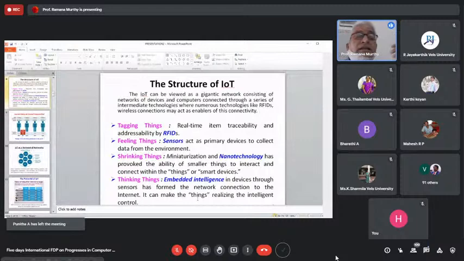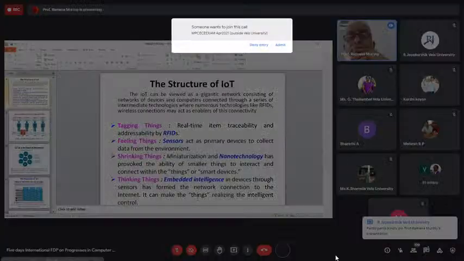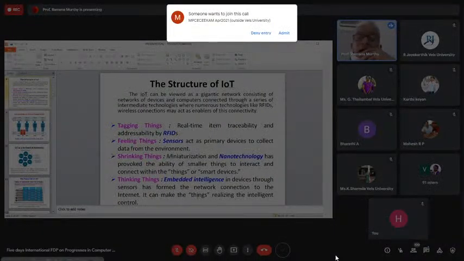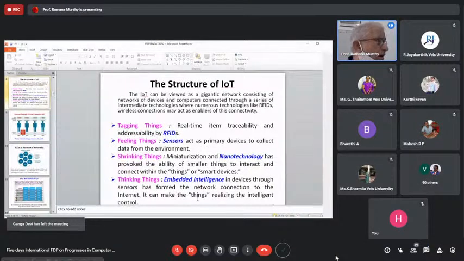And then feeling things comes to sensing the act. Sensors act as a primary device to collect data from the environment. Then shrinking things is nothing but miniaturization, and nanotechnology has provoked the ability to bring larger spaces into smaller spaces or a compact size.